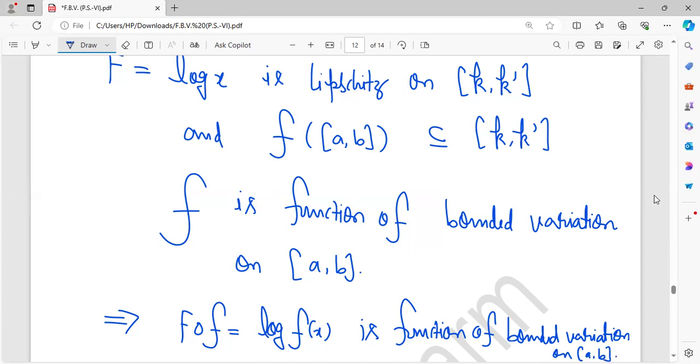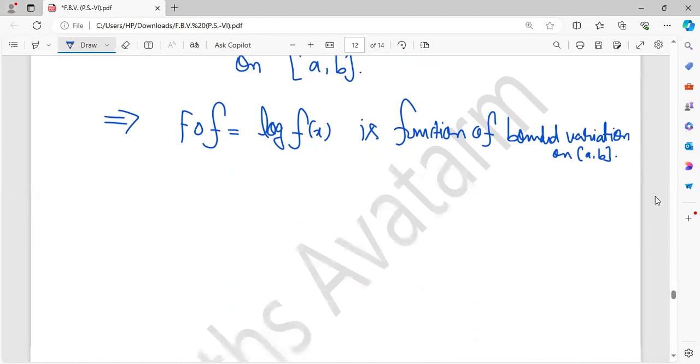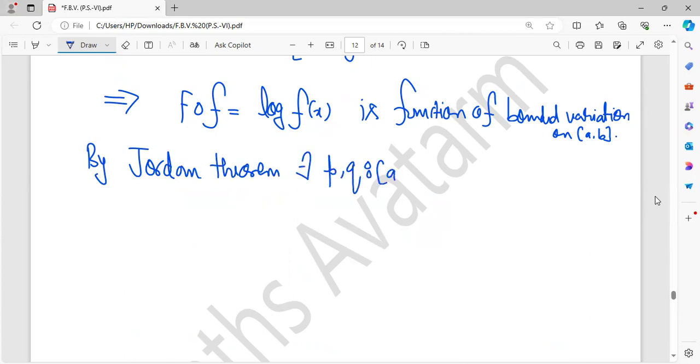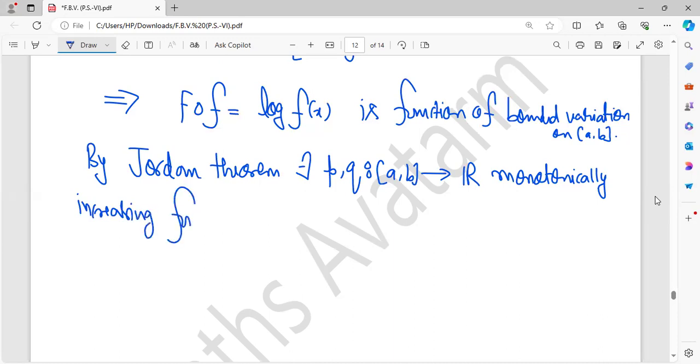Now this function log f(x) is a function of bounded variation. By Jordan's theorem, there exist p and q from the closed interval [a, b] to R, monotonically increasing functions, such that log f(x) equals p minus q.